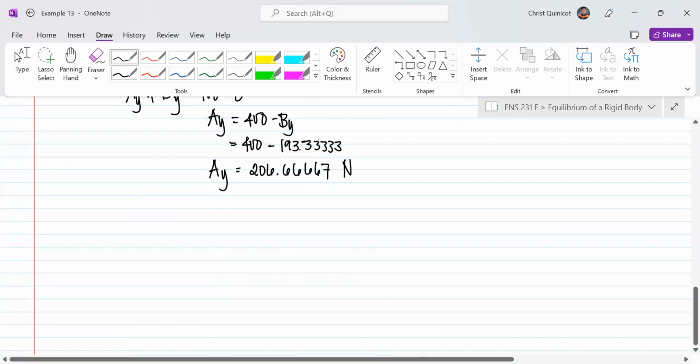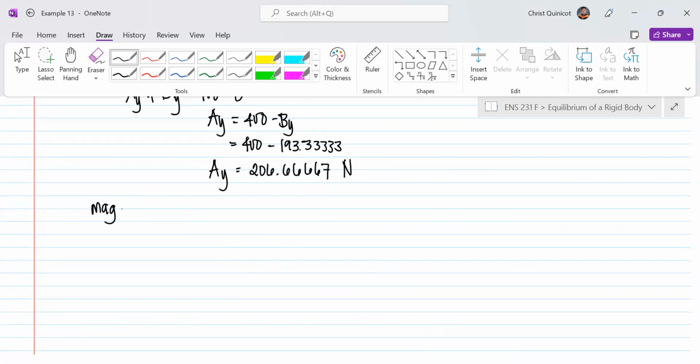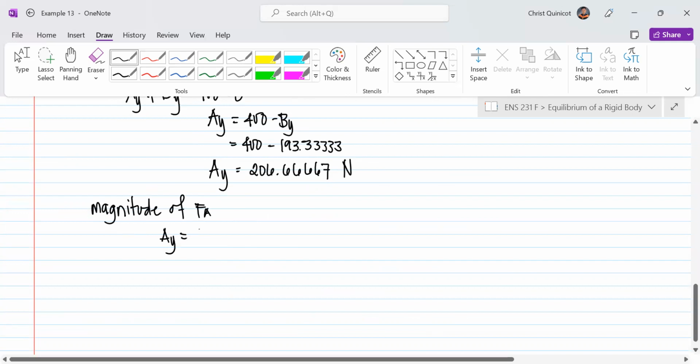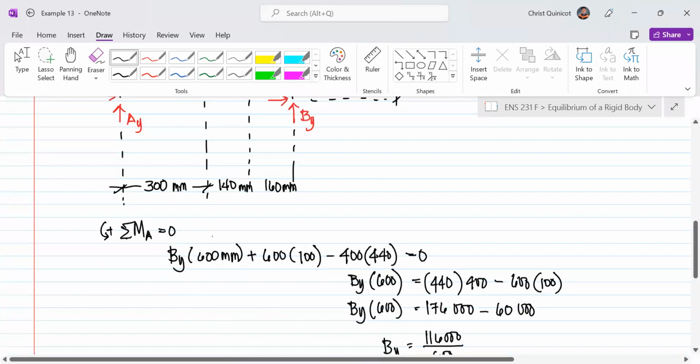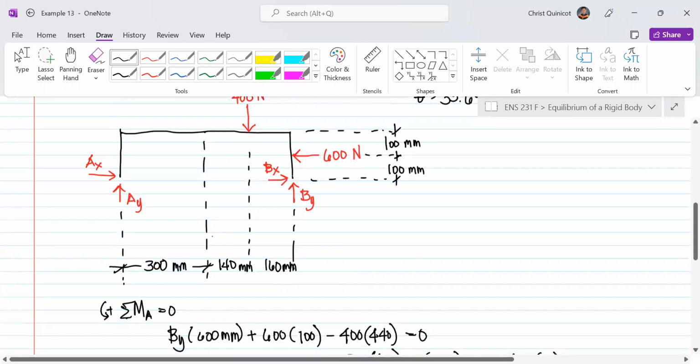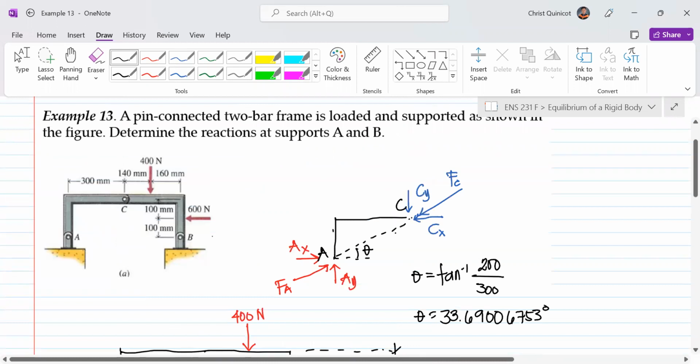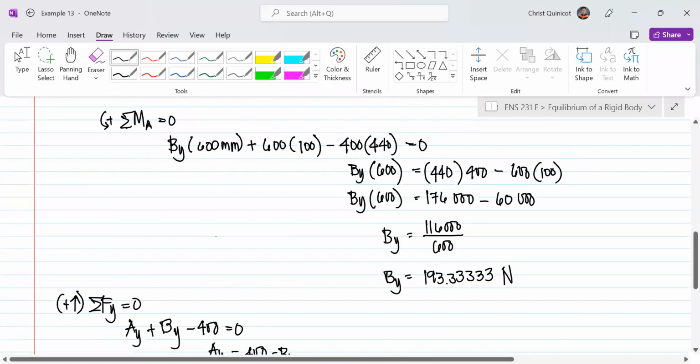So therefore, the magnitude of F sub A: A sub y is equal to F sub A. Now our y component, since our angle is measured from the horizontal, so therefore it is sine.